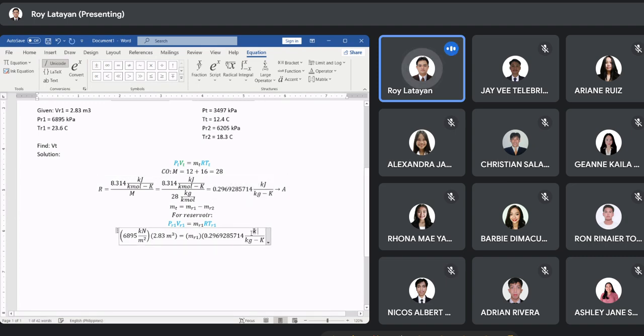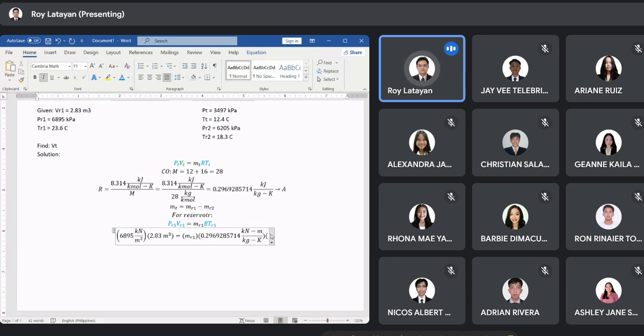So kilojoule natin is kilonewton meter times initial temperature na 23.6 plus 273 Kelvin. So pa-evaluate na lang nito, makuha na natin yung MR.